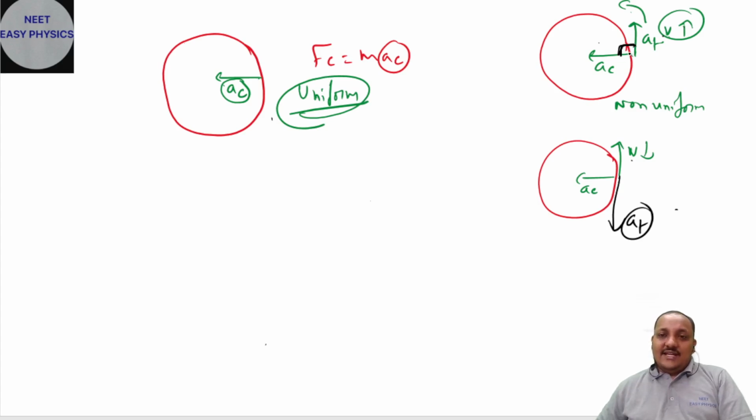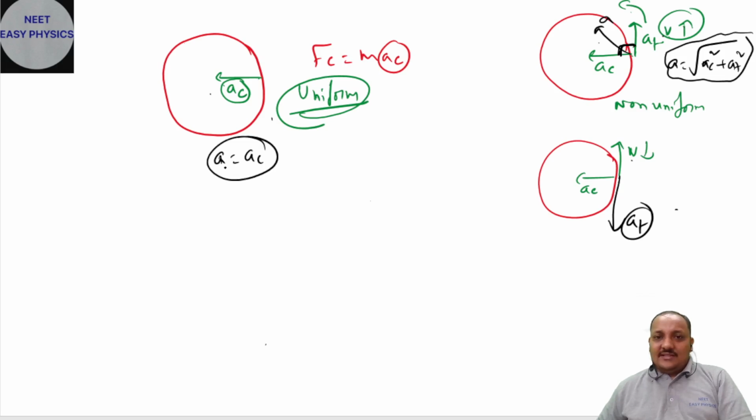Now, what is the net acceleration? Net acceleration is a is equal to root of AC square plus AT square. Here in the uniform case the net acceleration is only centripetal acceleration. In the non-uniform cases it is root of AC square plus AT square.